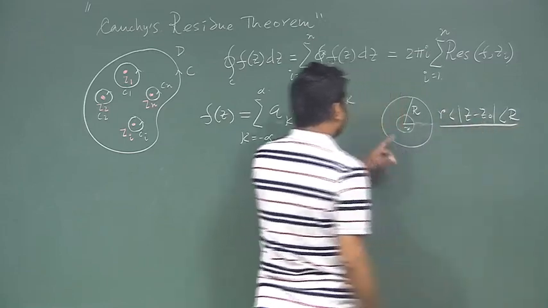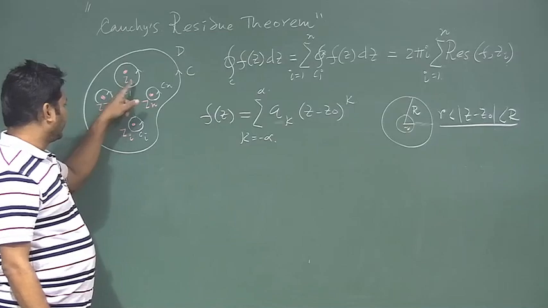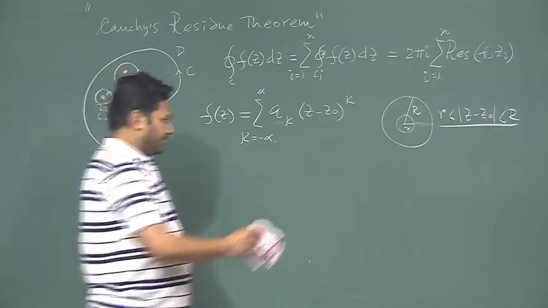So at z equal to z0, the singular points are nothing but z1, z2, z3 and zn. Around these singular points I am expanding the function.